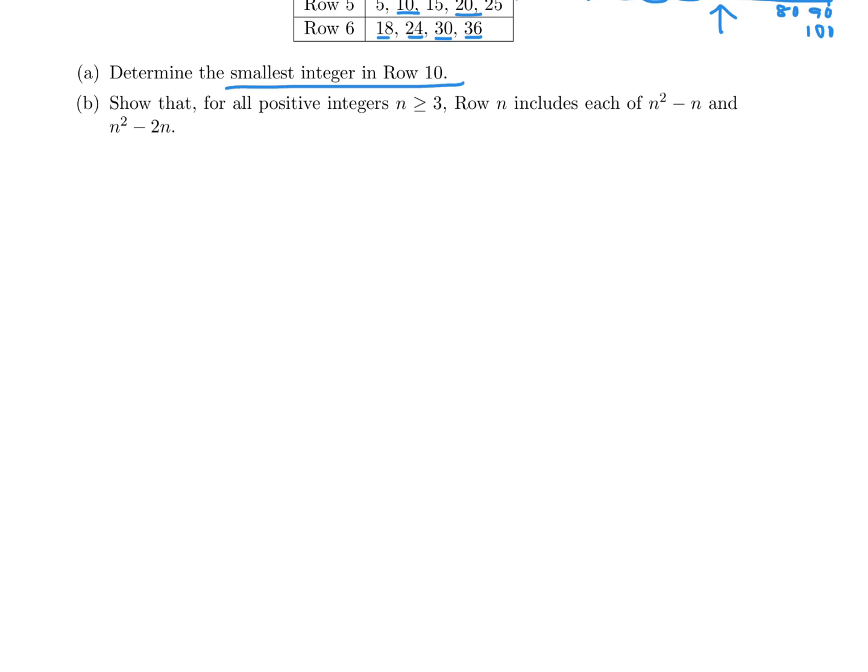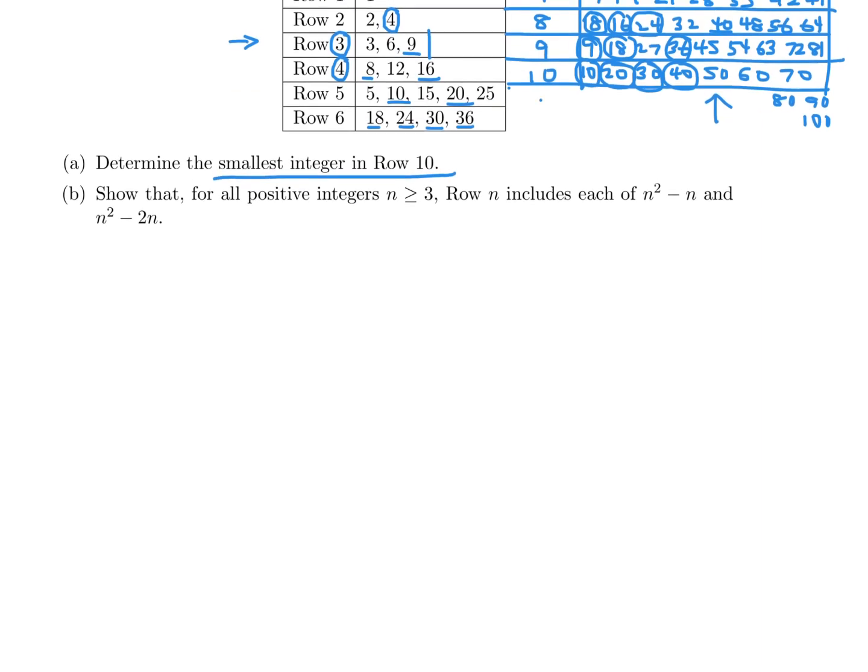Show that for all positive integers n greater than 3, row n includes each of n squared minus n and n squared minus 2n. So basically what they're saying is that if you have a row, like if this continued and you have a row n, that these two integers are going to be in that row.